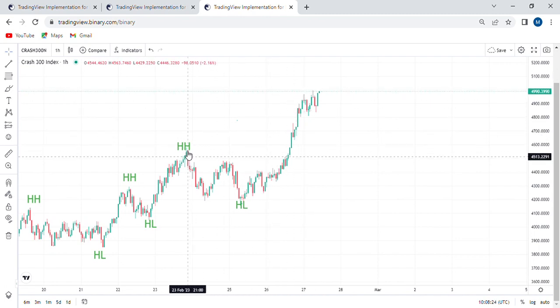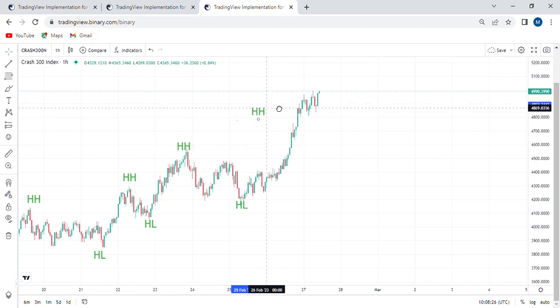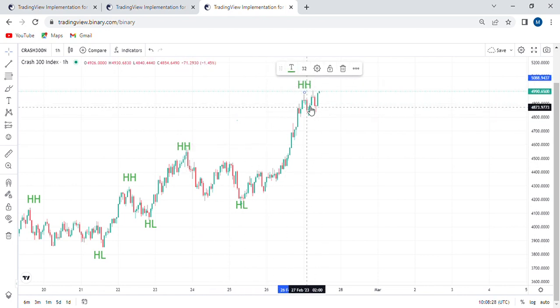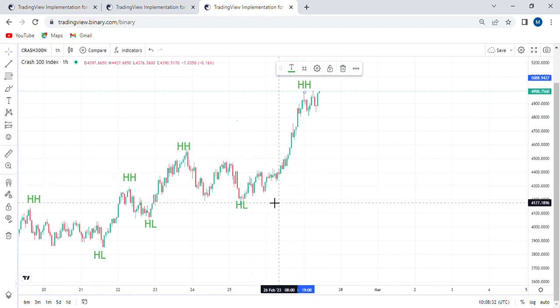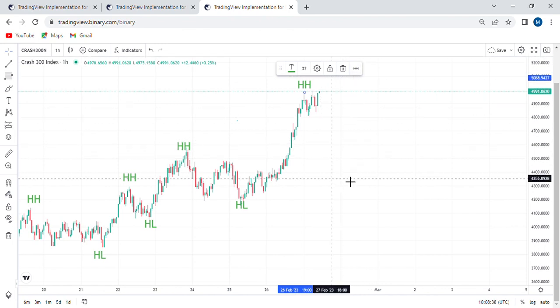Then until we get a pullback that doesn't break our previous higher low, and a breakout, we can get a new higher low.